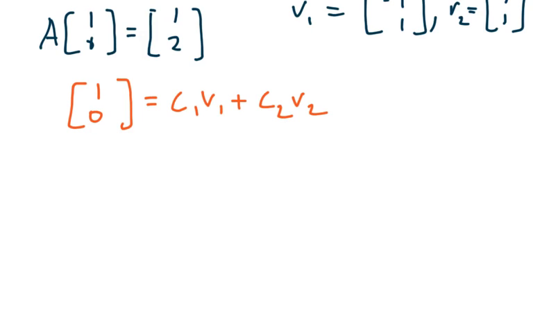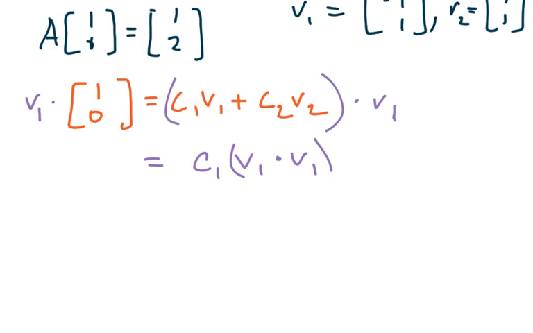Right? So in particular, if we were to dot both sides by V1, well, that's going to give me C1 V1 dot V1 plus C2 V2 dot V1. This is stuff I went over in the basis theory videos. V2 dot V1 is 0 because they're orthogonal.